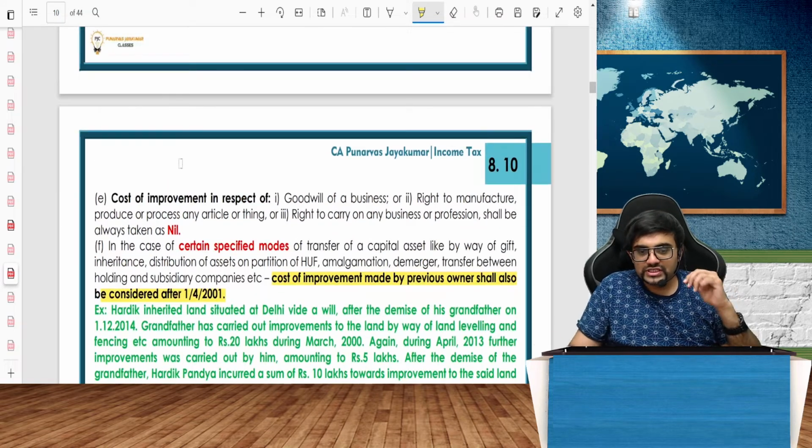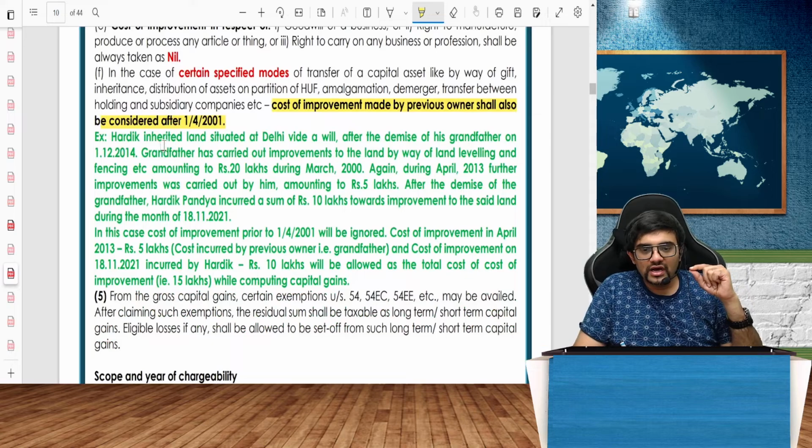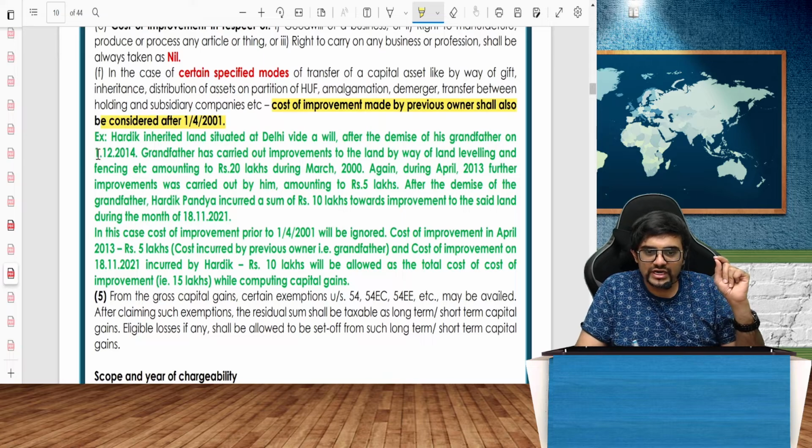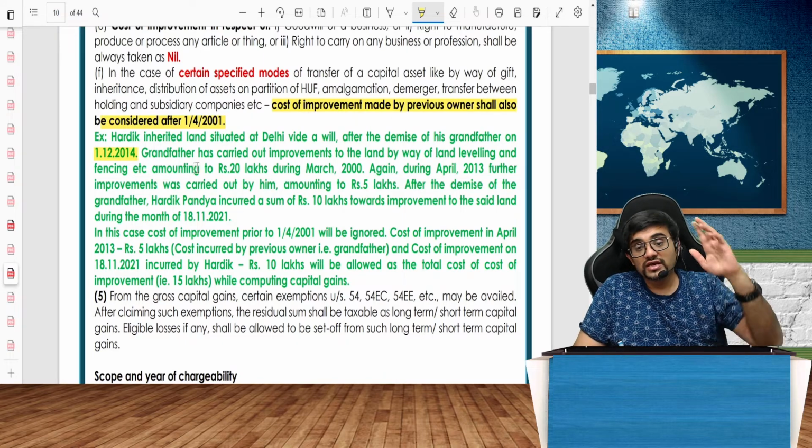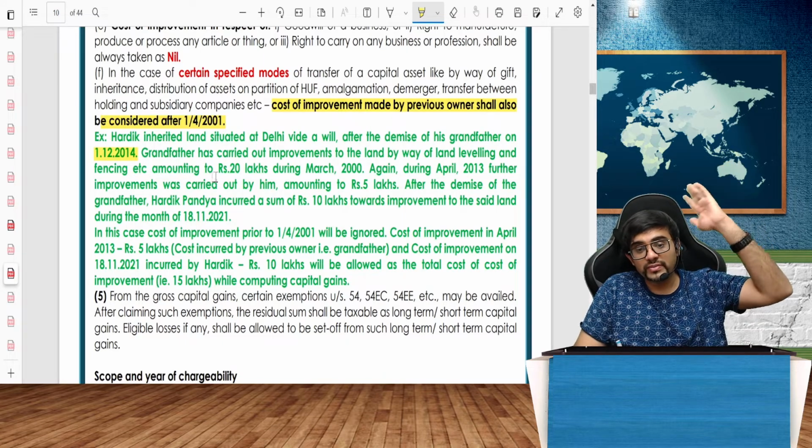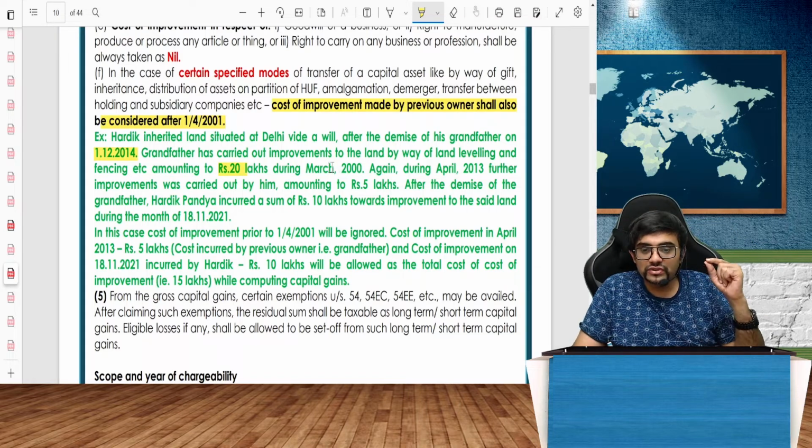So, you see the example. This they can ask you. Hardik inherited land situated at Delhi through a will after the demise of his grandfather on 1/12/2014. Grandfather had carried out improvement by paying 20 lakhs during 2000. Again during 2013, further improvements were carried out by him, 5 lakhs.